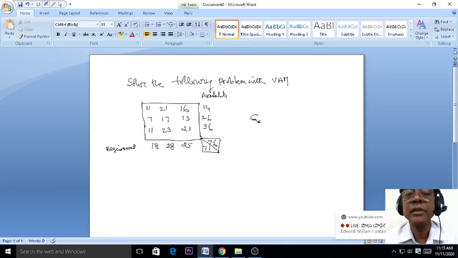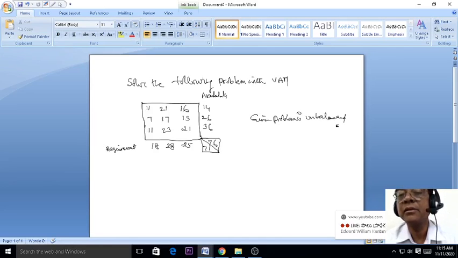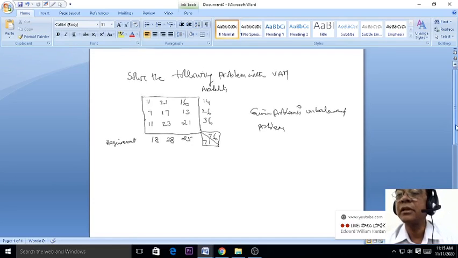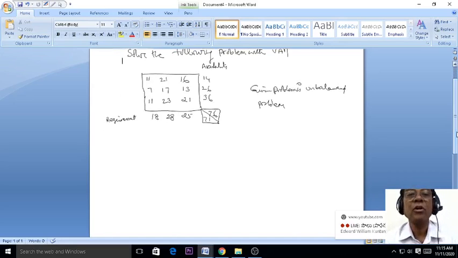The given problem is an unbalanced problem. Okay, and first try to convert it into a balanced problem, then you apply the conditions. So how many units are less? How much is the difference? 5 units in the requirement.